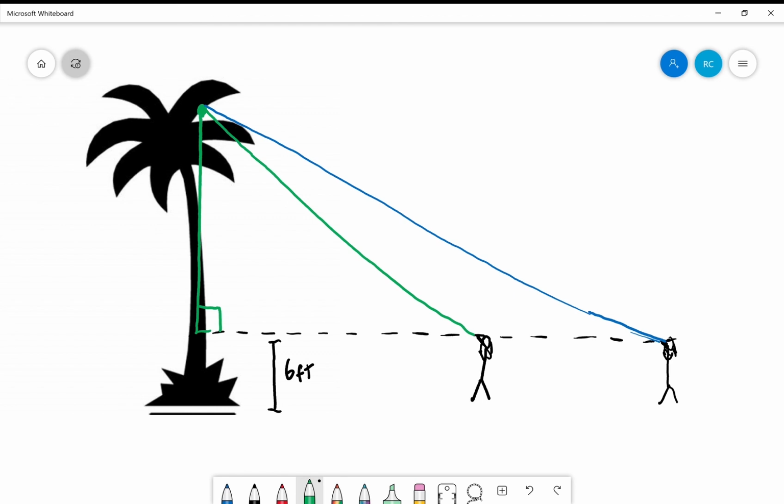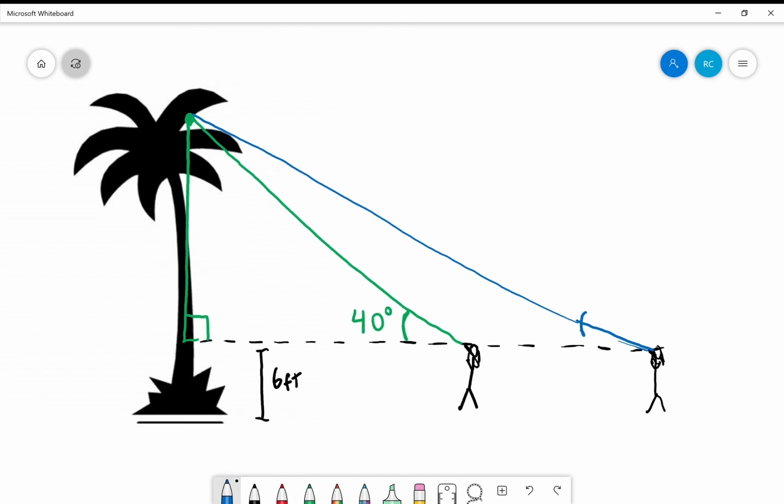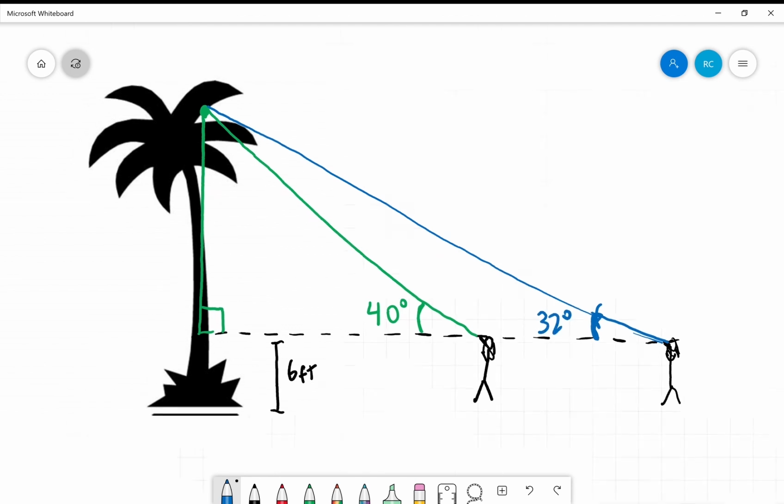Now I don't know if you were able to see those measurements because I know the sound was pretty janky, but this angle measure here was almost exactly 40 degrees. And this angle measure here from the other side of the street was right around 32 degrees.